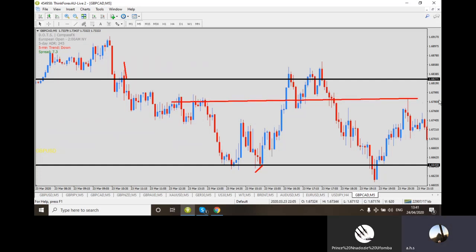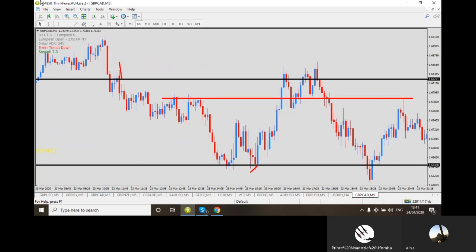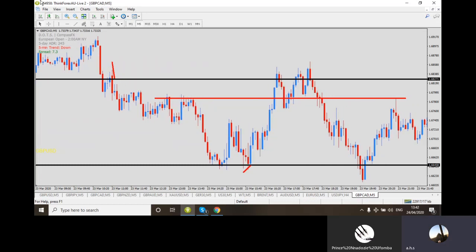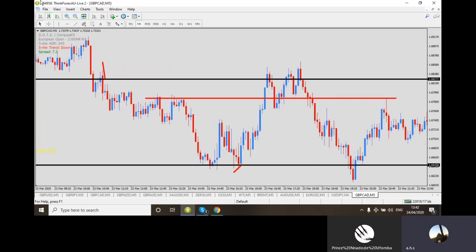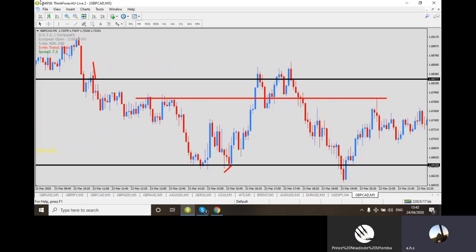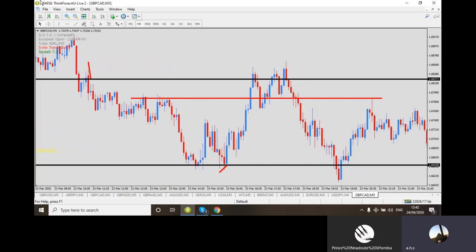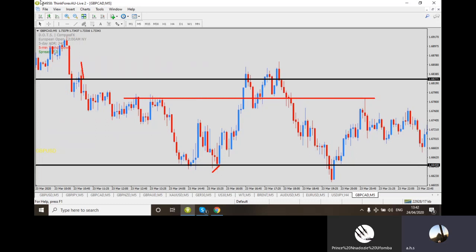Support and resistance, we've got a new level there. To get a test back of that level, and I like the price action, I will sell, as long as I can see it on the chart. Once it disappears, it becomes no longer relevant to me.